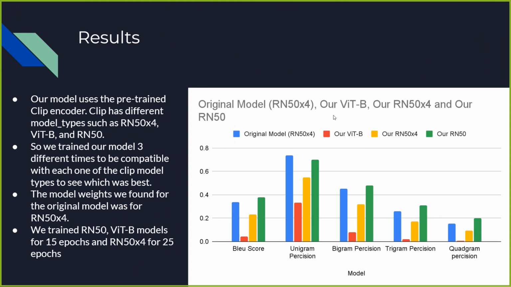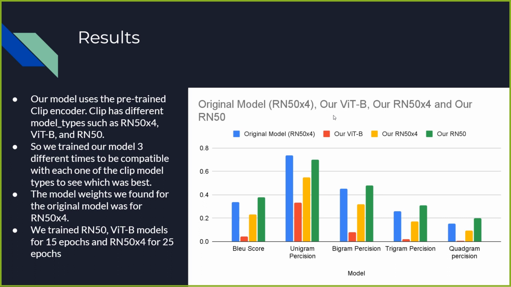Okay, so for the results in evaluation based on the BLEU metric score, these are the results for ResNet 50x4, ViT-B, and ResNet 50. We found the original model online.